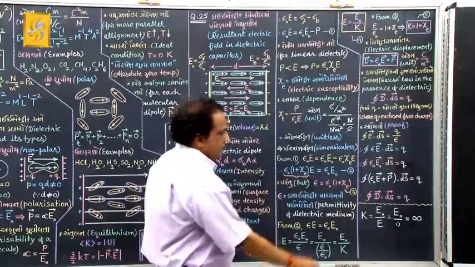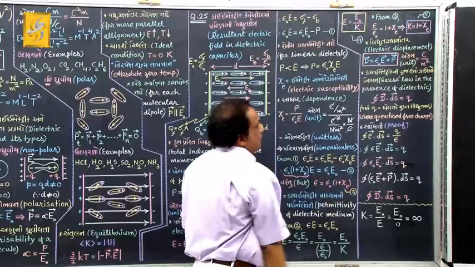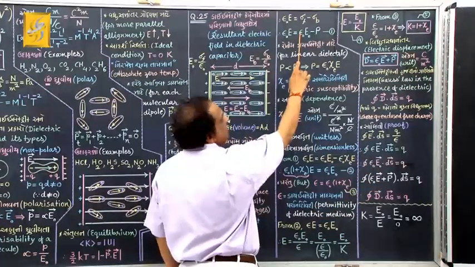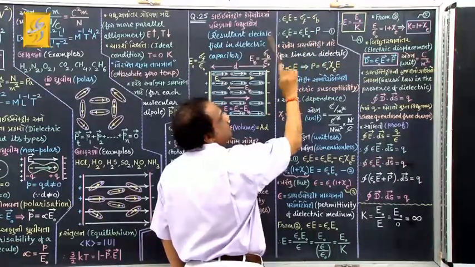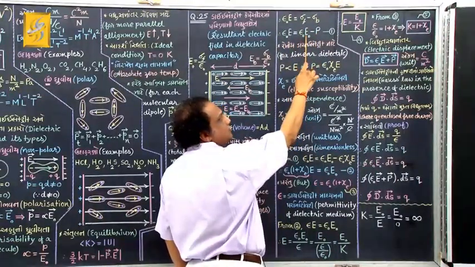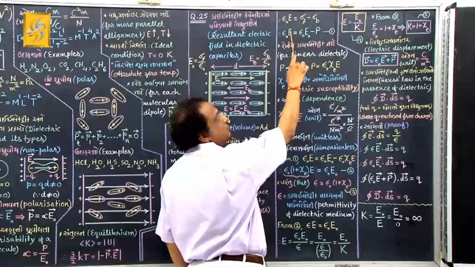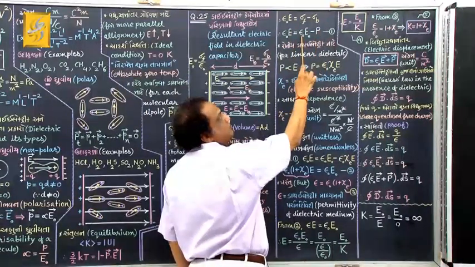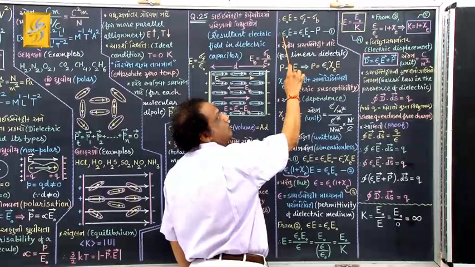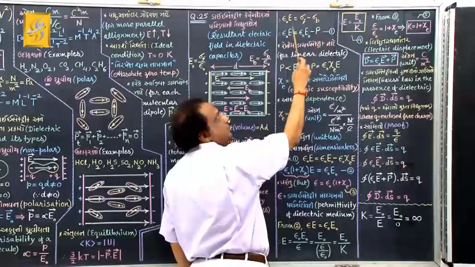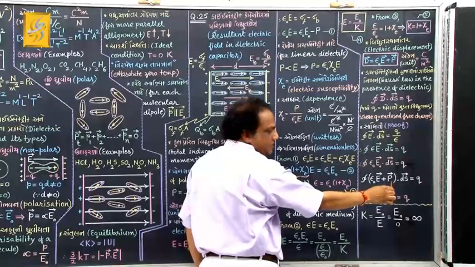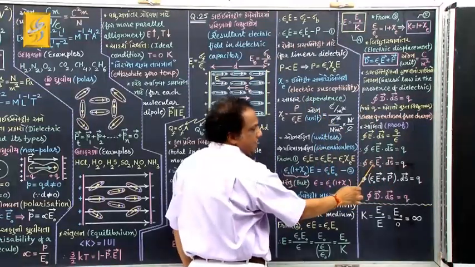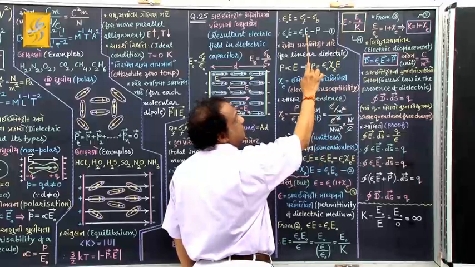Now tell me, what is epsilon 0 vector E0 from here? Epsilon 0 into vector E0, from here, transfer this, will become plus here. So epsilon 0 into vector E0, when you write the vector sign here, here also you must write. Correct? So epsilon 0 vector E0 will be epsilon 0 into vector E plus vector P. Here it is, epsilon 0 into vector E plus vector P. Okay, I repeat for the last time: find epsilon 0 vector E0 from here.